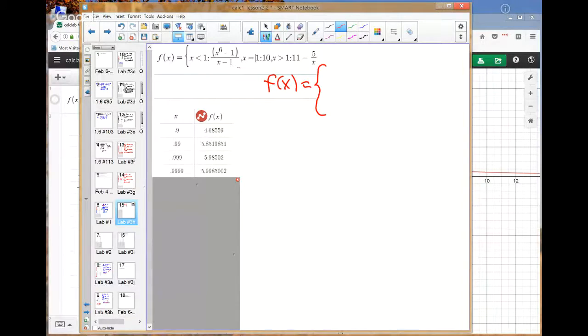A piecewise function. And what we're saying is, the formula is x to the 6th minus 1 over x minus 1 when x is less than 1. And it's 10 when x equals 1. I see I didn't make this parenthesis long enough.